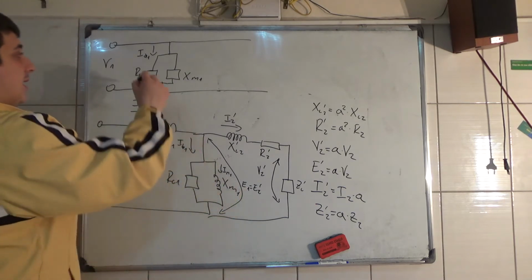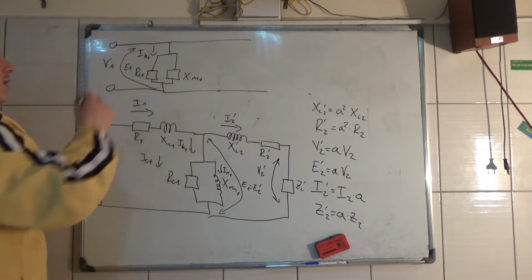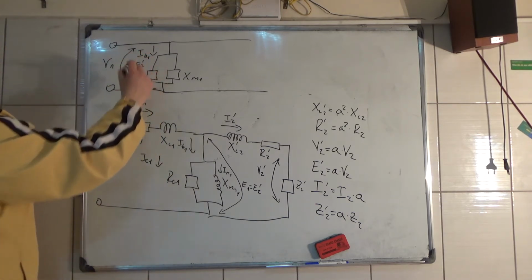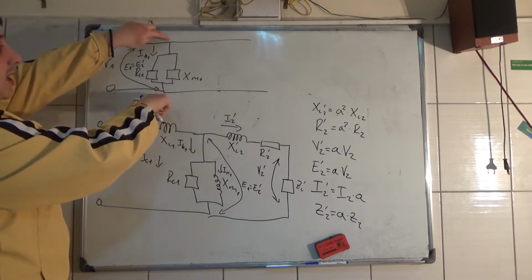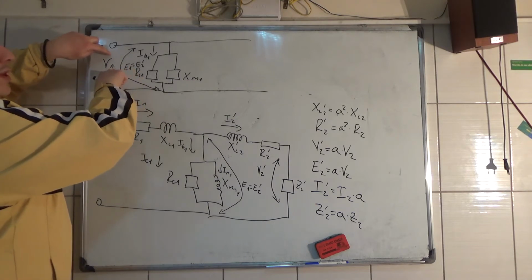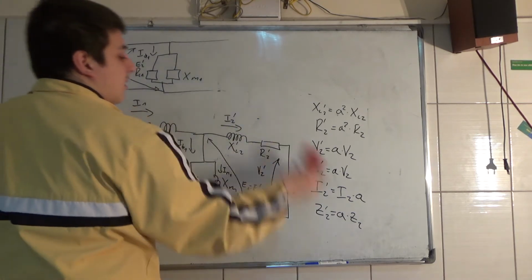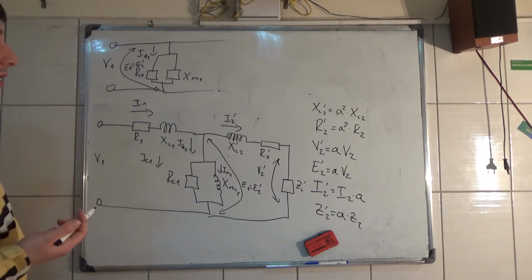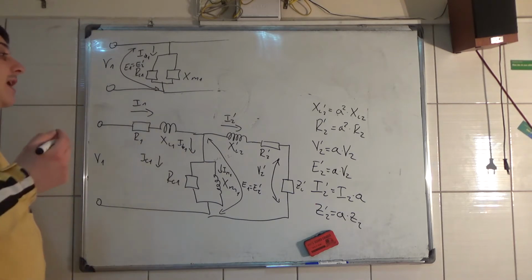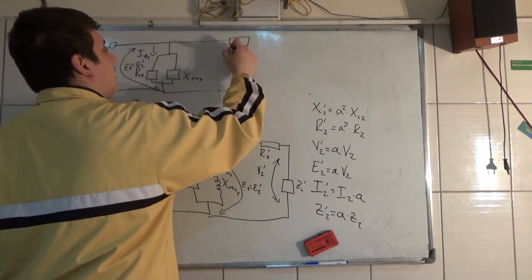So E1 is equal to V1, which is equal to E2 prime. So the voltage induced on these points is equal to V1, and that is usually the case because in the transformer we have a small resistance of the winding, and this is a very small value. The reactance of the flux leakage is also a very, very small value. Now we can put R1.